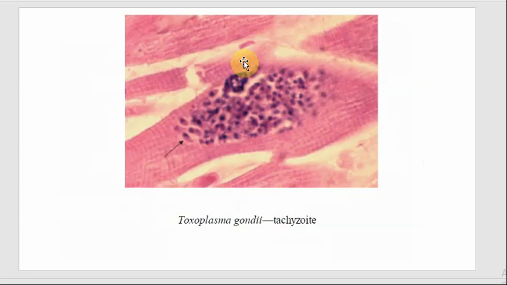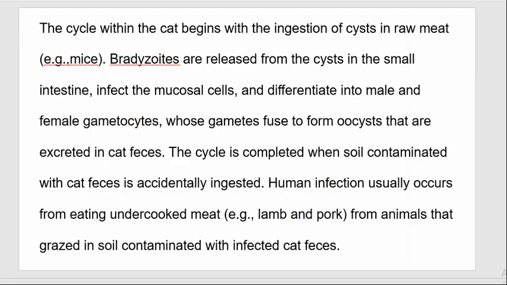In this figure you see the tachyzoites اللي قلنا هو طور سريع الإصابة أو سريع الانتشار. The cycle within the cats begins when the cat ingests the cyst in raw meat, for example mice.